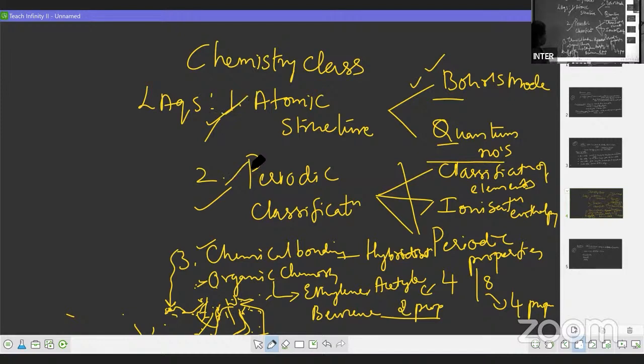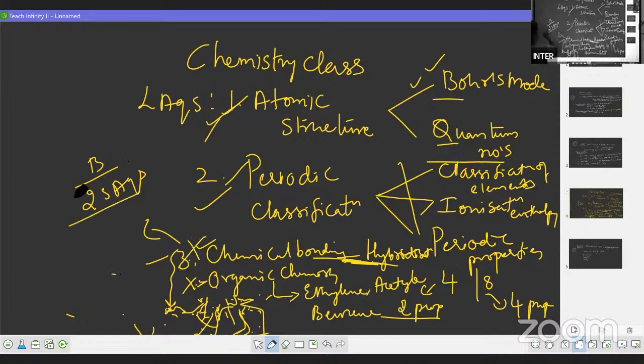Now, one more thing. If you are getting the third question from chemical bonding, you don't get an LAQ from organic chemistry. But if hybridization is not given in the LAQ, that will be a benefit for you, because you will get 2 SAQs from this chapter in section 2, the SAQ section.